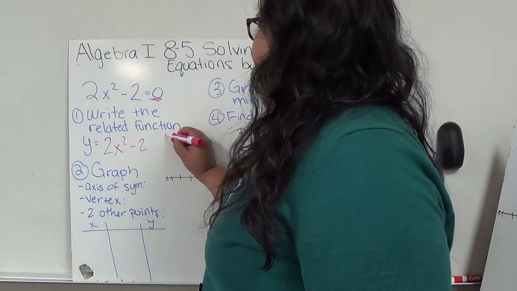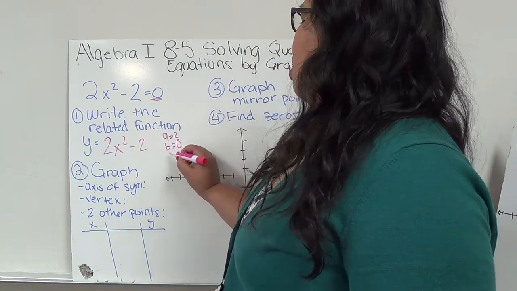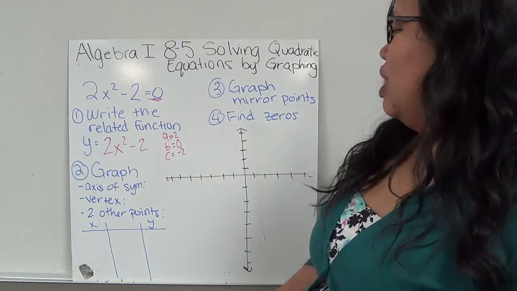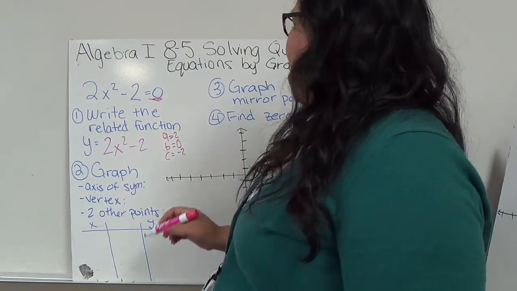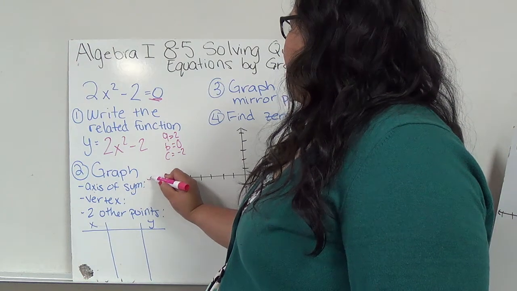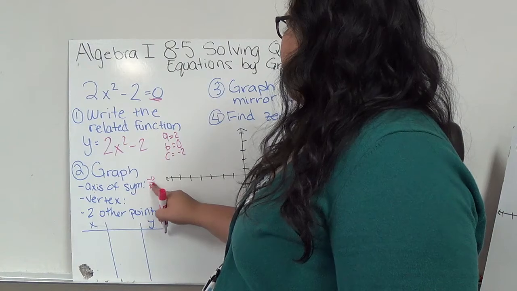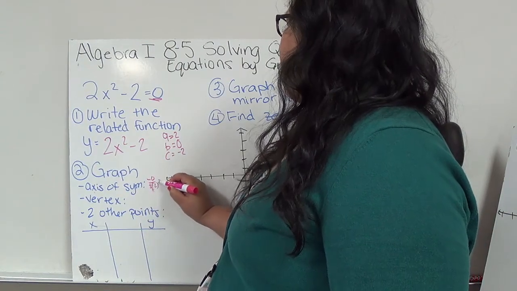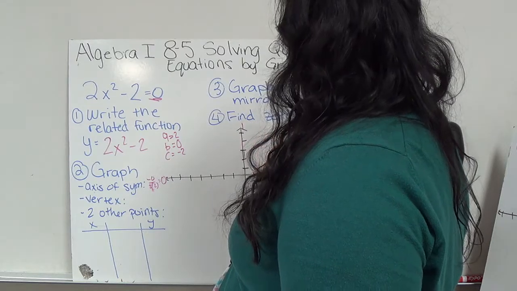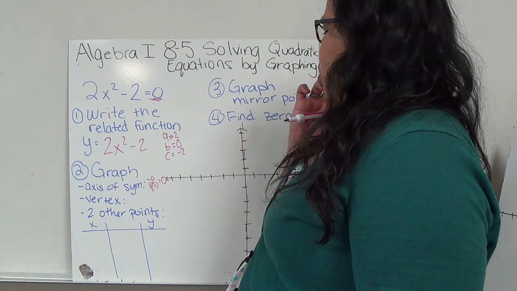My a is 2. My b is 0, because there's no b. And my c is negative 2. So I'm going to do the same thing that I did last section. I'm going to find the axis of symmetry, which is negative b over 2a, so negative 0 over 2 times 2, which is the same thing as saying 0. So right here on the y-axis is my axis of symmetry.